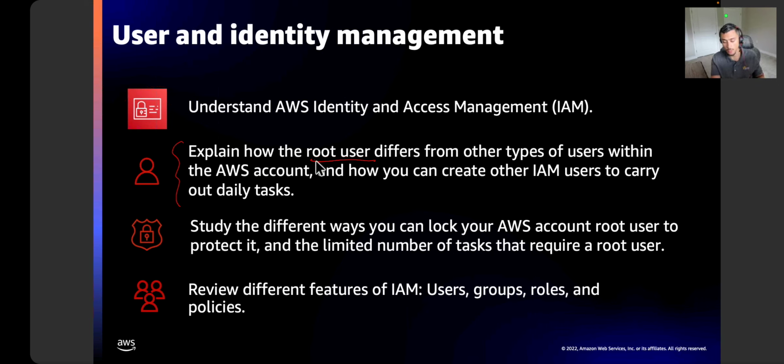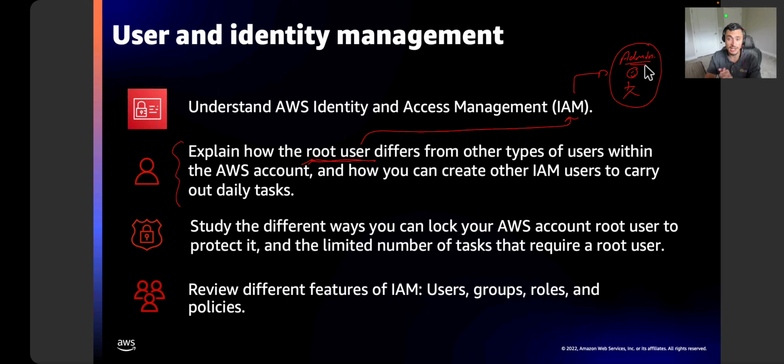Instead, when we create that account, as the root user we'll head over to the IAM service, and from IAM we will create an IAM user and grant that user administrative privileges. Then we will log in and use that admin user for any day-to-day tasks we need to carry out, instead of using the root user account.